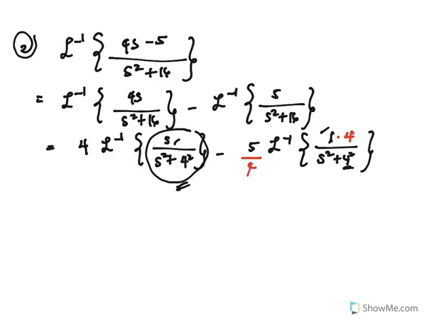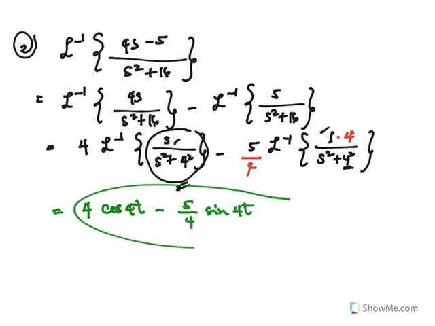That's why you'll have here 5 over 4. Therefore, the inverse Laplace transform of this given function will just be 4 cosine 4t minus 5 over 4 sine 4t.